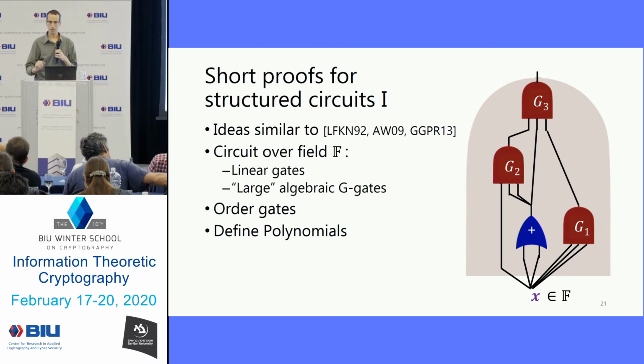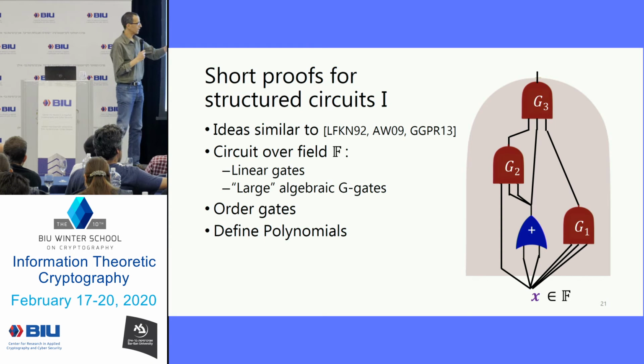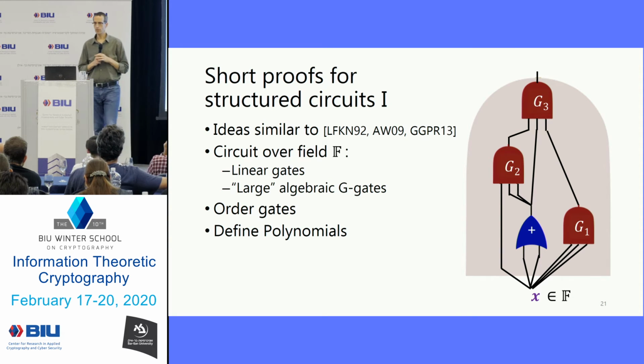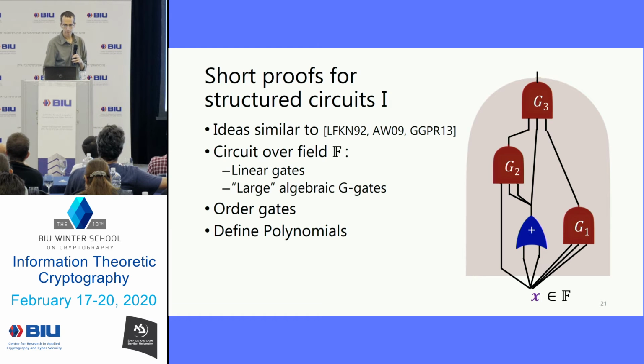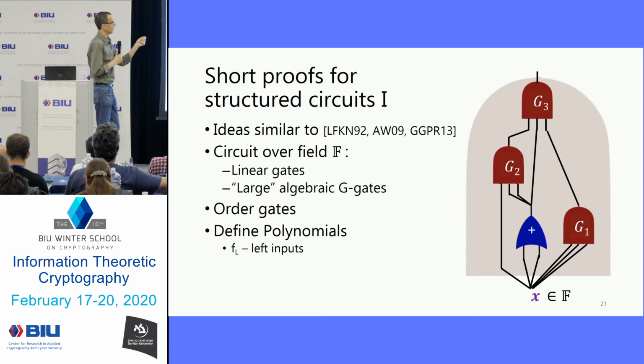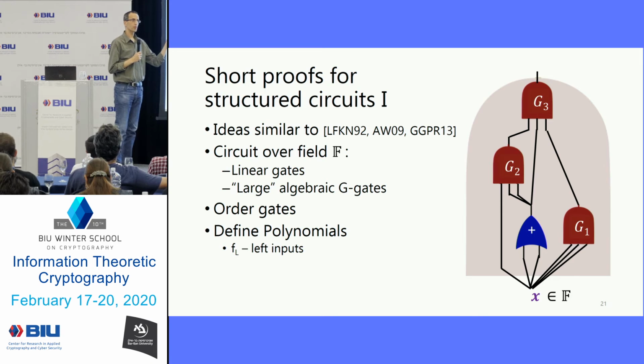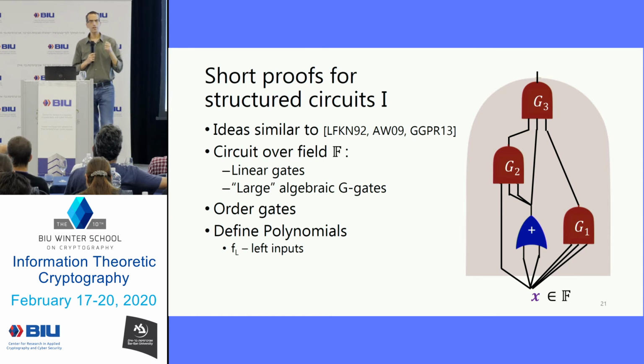We're working over a field, right? And we have an input x that enters into the circuit. And given this input x, it defines values on each of the wires. So now, given these values, I'm going to define polynomials.